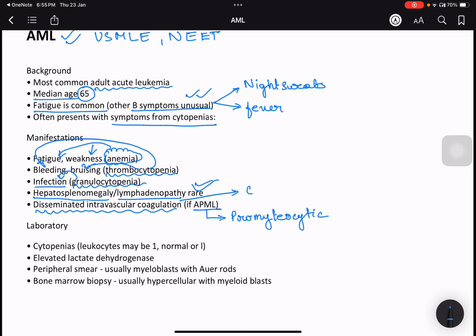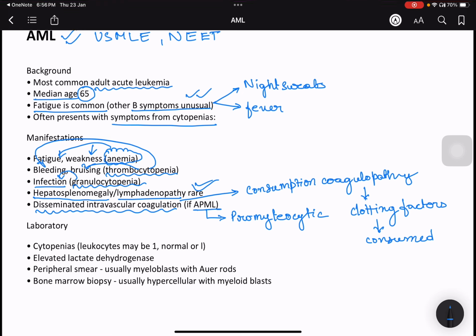This is basically a consumption coagulopathy, which means that the clotting factors are consumed, so the patient will present with bleeding.